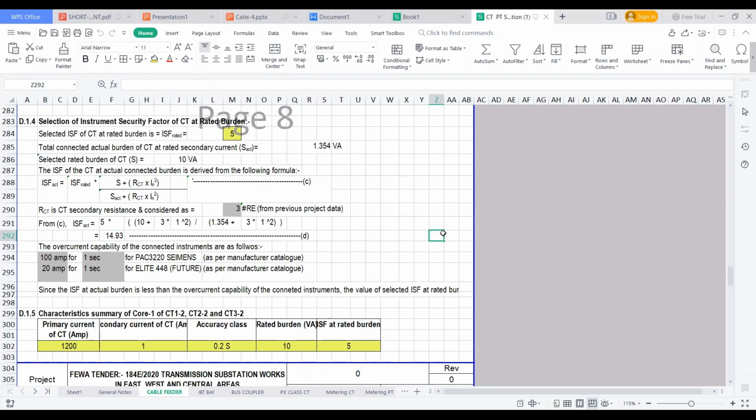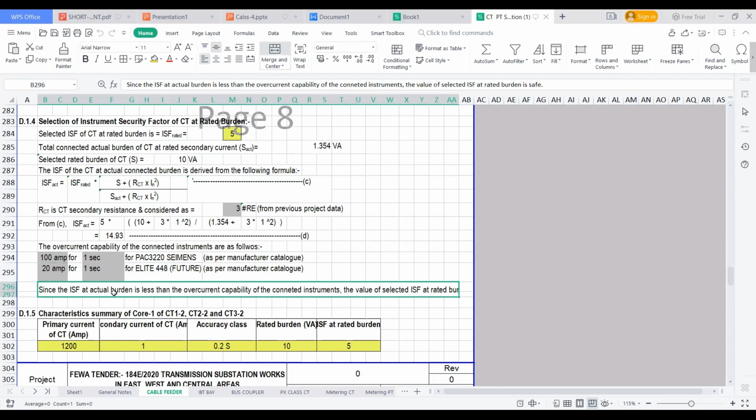Now I have to check whether my equipment, like the Siemens one and the Elite, is capable of carrying 14 amps or not. In the catalog, it was shown that this one can carry 100 amps for 1 second, and this one 20 amps for 1 second. Mine is only 14, which is less than 20 amps.